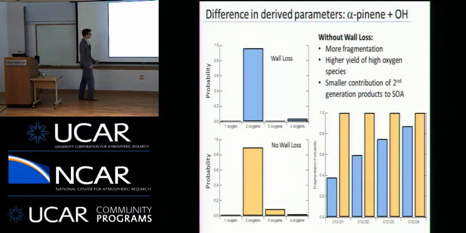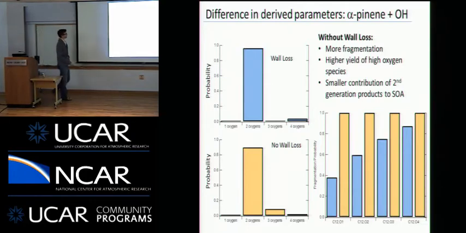But if you put on wall losses, then you get the more realistic solution of where fragmentation seems to increase as you add more oxygen to your species. That's because that's how I've parameterized the fragmentation. It's a function of oxygen content, but it's not 100% for everything, and it has some, maybe physically reasonable numbers, but I'd be happy to get people's opinions on whether those are reasonable or not.